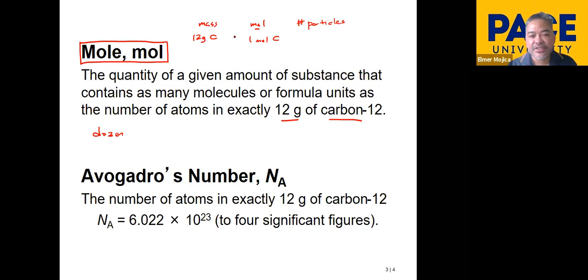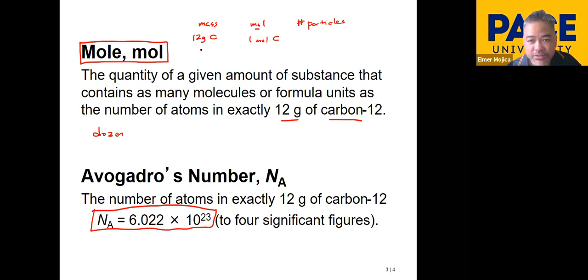Now, in addition to that, you can also determine how many particles you have in 1 mole of substance. Okay, since the mole concept was studied by Amadeo Avogadro, they honored him, the number that is related to 1 mole, and that number is this one. That's the number of atoms in exactly 12 grams of carbon 12.